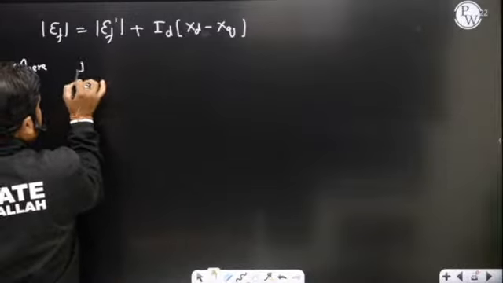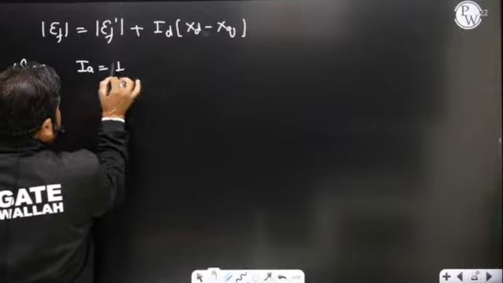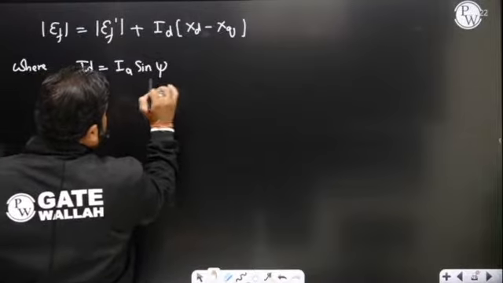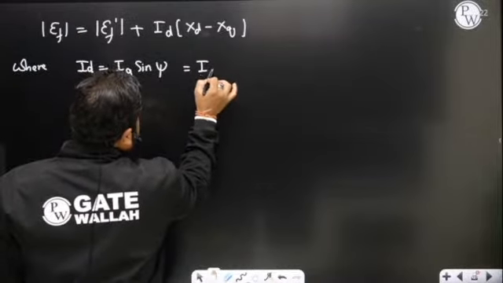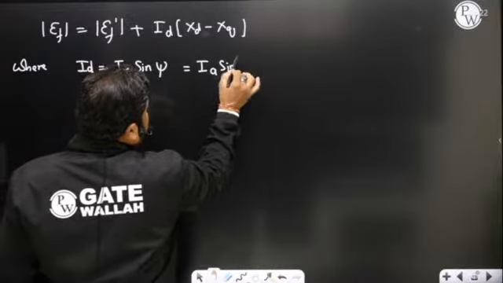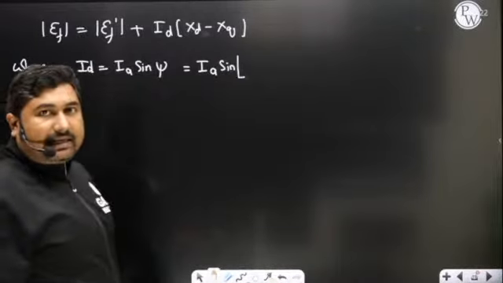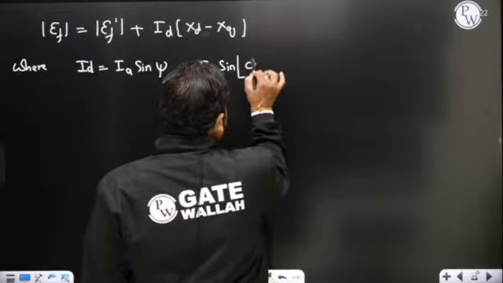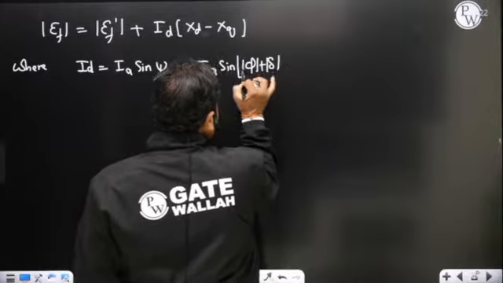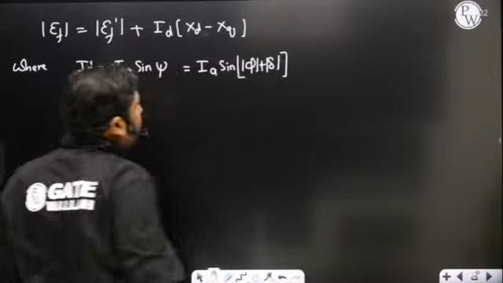And how to calculate ID? ID equals IA sin psi. Overexcited or underexcited? Overexcited. So what is psi? Magnitude of phi plus magnitude of delta.